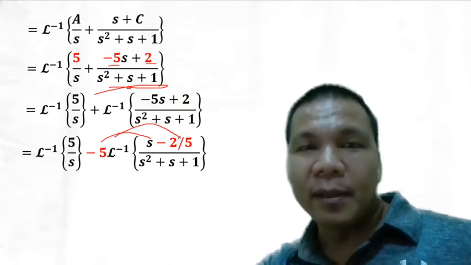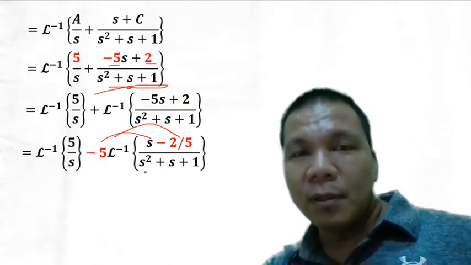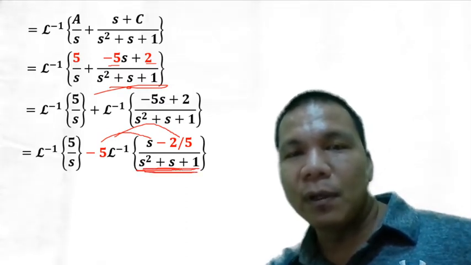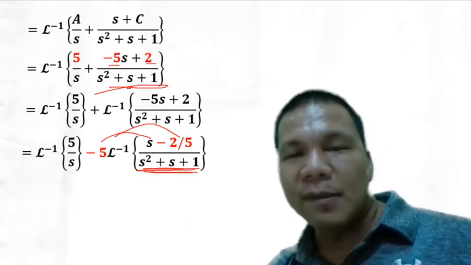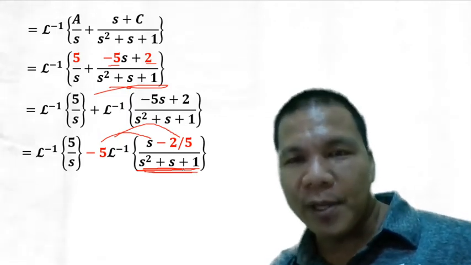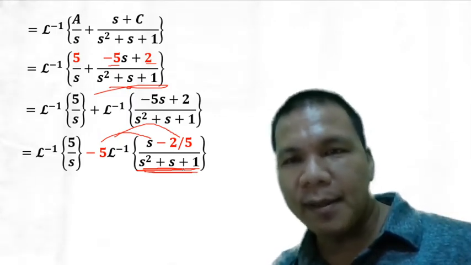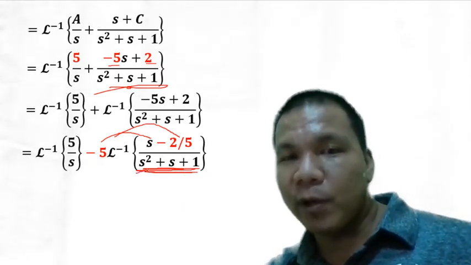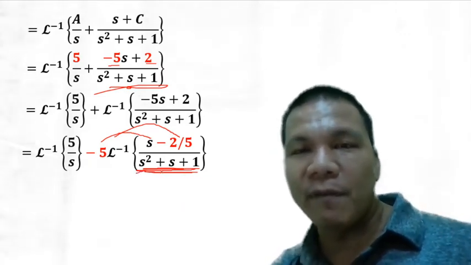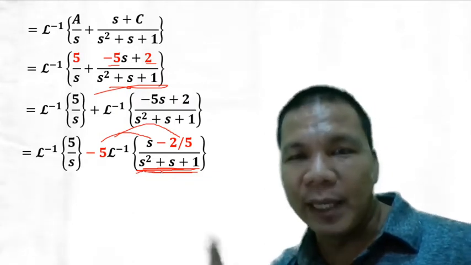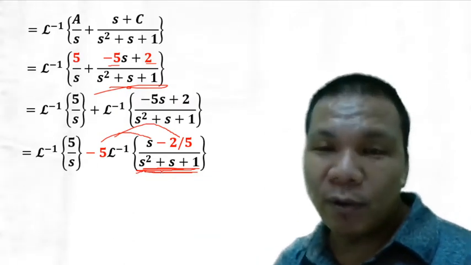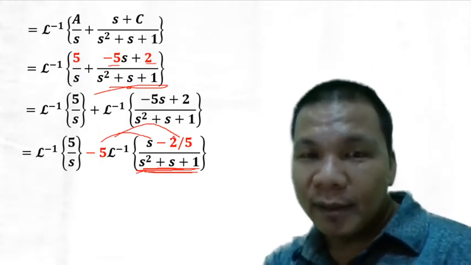Okay. Now, just like in our previous example, we need to make this a perfect square trinomial. What number should be added to s squared plus s to make it a perfect square trinomial? Think. Okay, let's do what we have discussed before.